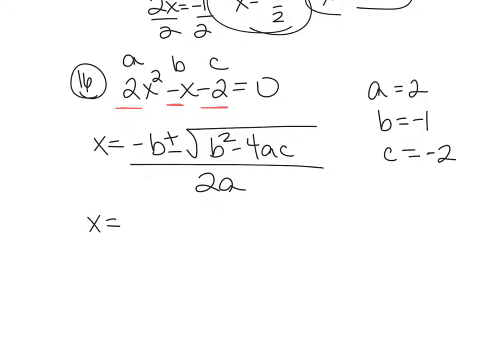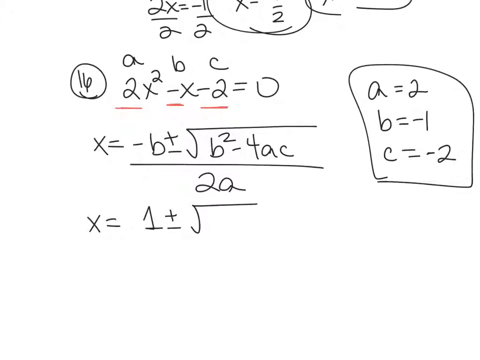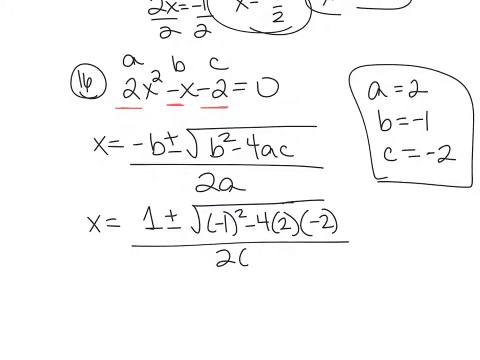Now let's plug these numbers into the quadratic equation. So x equals the opposite of b, so we have 1 plus or minus the square root of b squared. So we have negative 1 squared minus 4 times a, which is 2, times c, which is negative 2, all over 2 times a, which is 2.